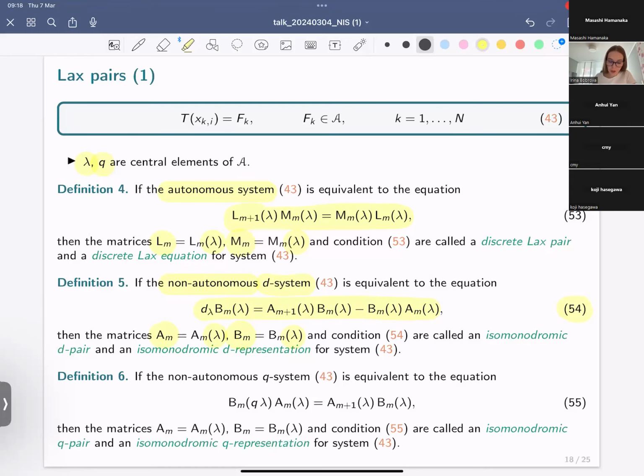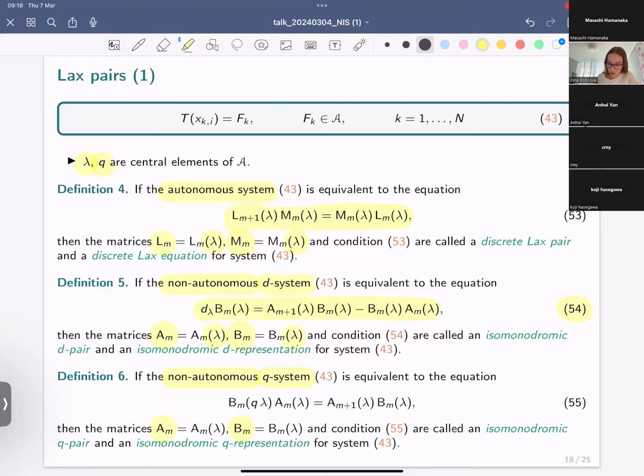And similarly, we can introduce a Lax pair for a system of Q type. Let us suppose that our system is non-autonomous and of Q type, or multiplicative type. And let us consider two matrices, A and B, that depend on the spectral parameter lambda. And here, lambda is also crucial, as in the previous case.